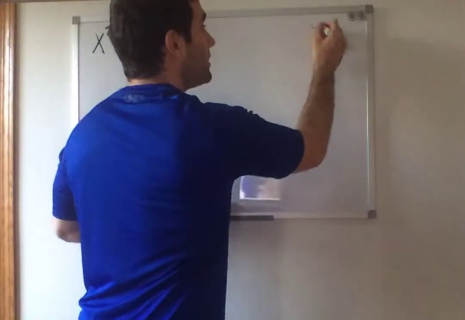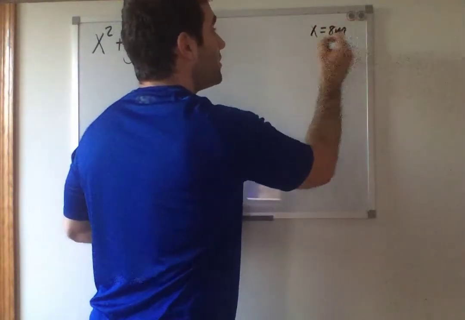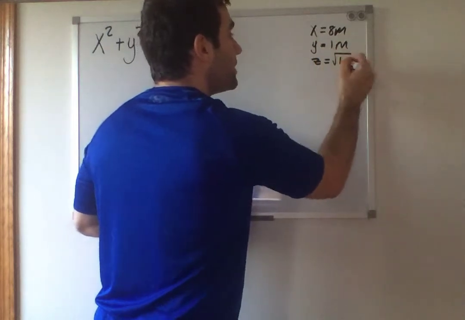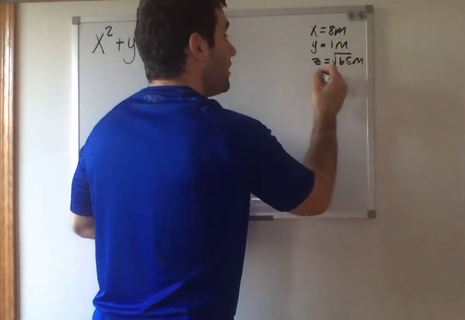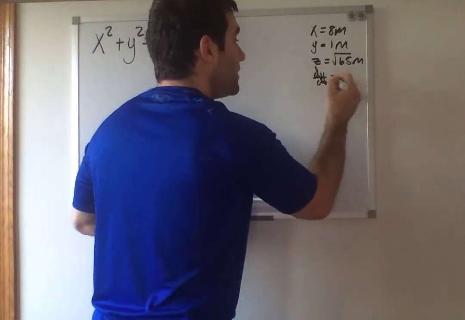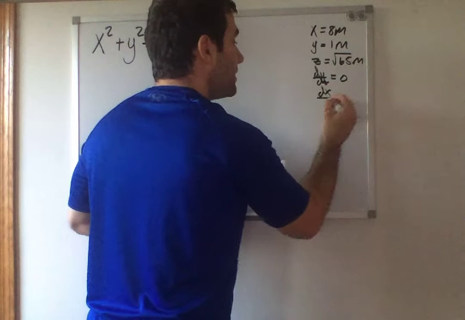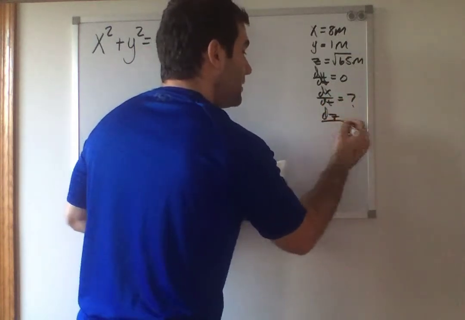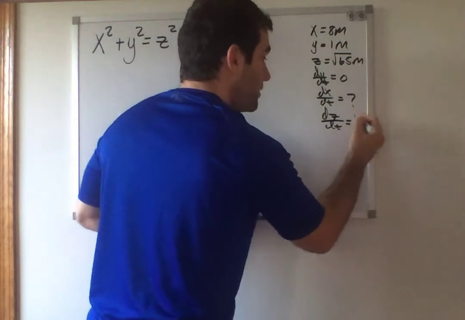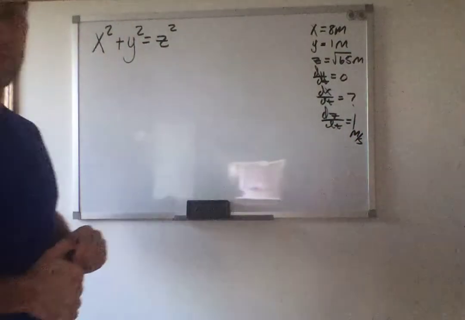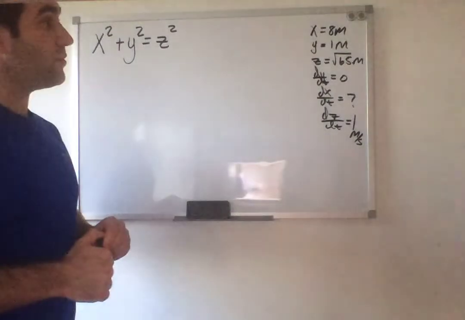So x was 8 meters, y was 1 meter, z was square root 65 meters, dy/dt was equal to 0, we've got dx/dt, which we're trying to find, and dz/dt was 1 meter per second. Alright, so there's all our givens.